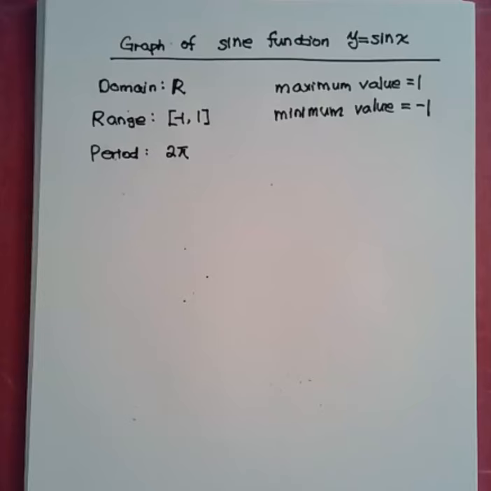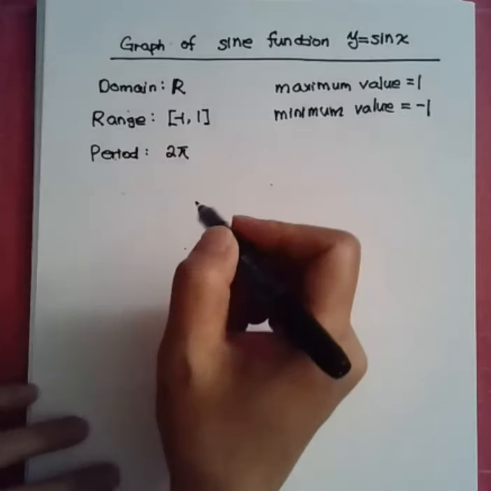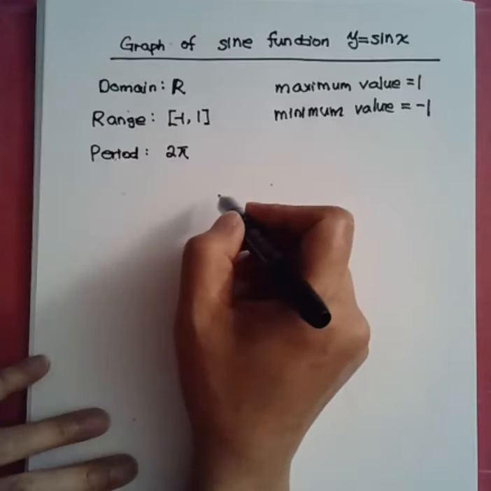Since the sine function is a periodic function with period 2 pi, it is enough to draw one period of the sine function to figure out the entire function's shape.